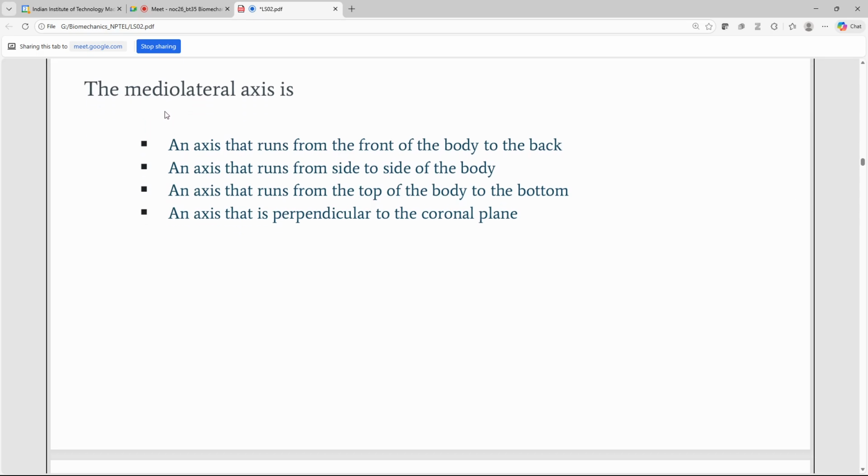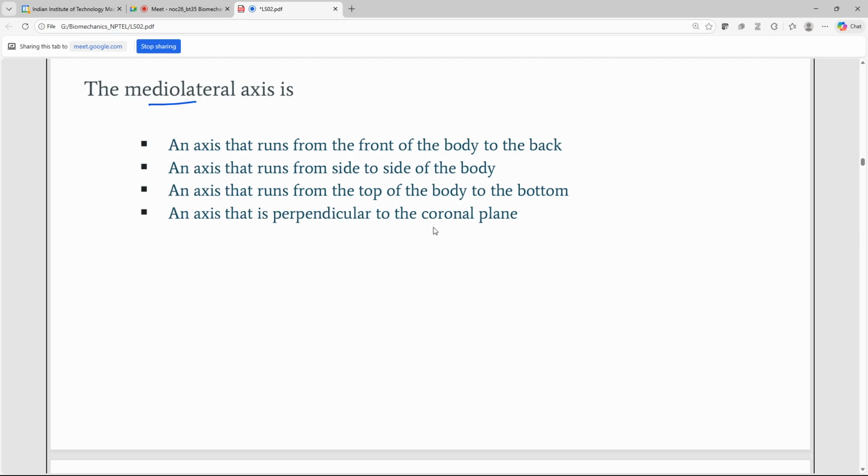Next one, which one is called the mediolateral axis? The mediolateral axis is an axis that runs from the front of the body to the back, an axis that runs from side to side of the body, an axis that runs from top of the body to the bottom of the body, an axis that is perpendicular to the coronal plane.